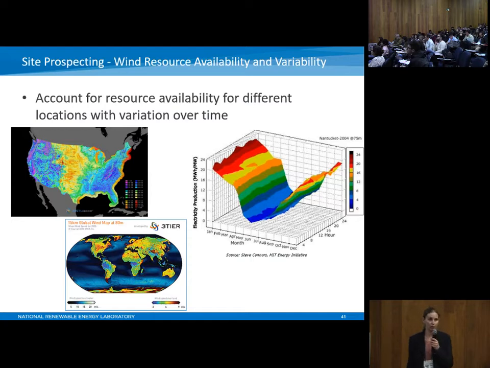So the wind resource. The wind resource varies. It varies globally. It varies regionally. It varies over different types of terrain. It varies over land and on water. So at the bottom here you can see a mesoscale map. I think this is 80 meters height showing the wind resource, both onshore and offshore. So onshore, the dark red areas are where you have higher resources, and then darker blue are the lower resources.